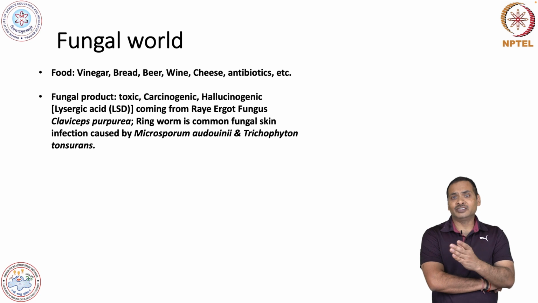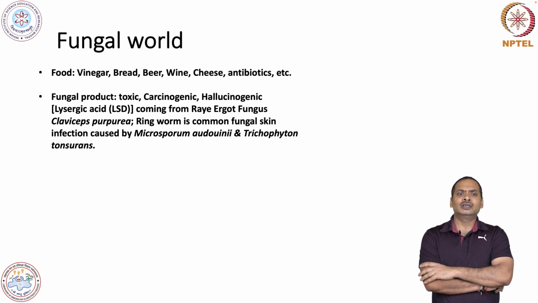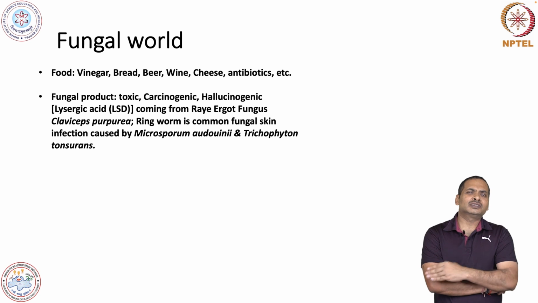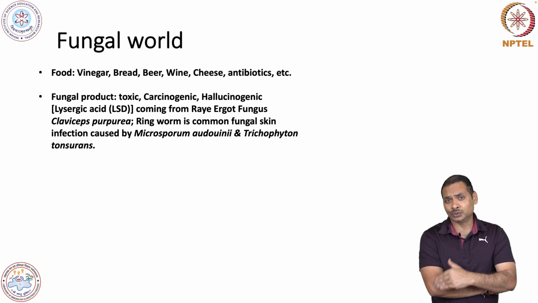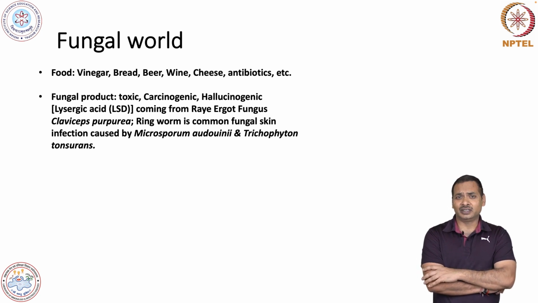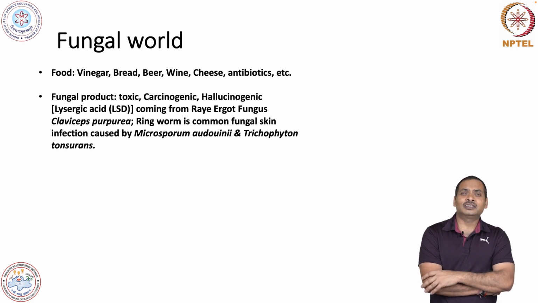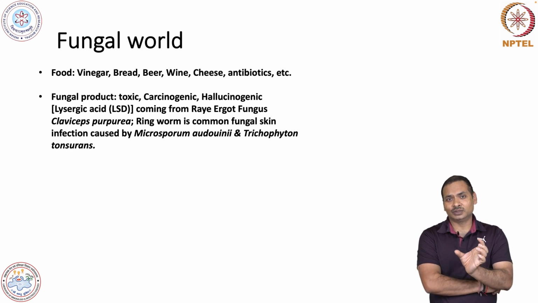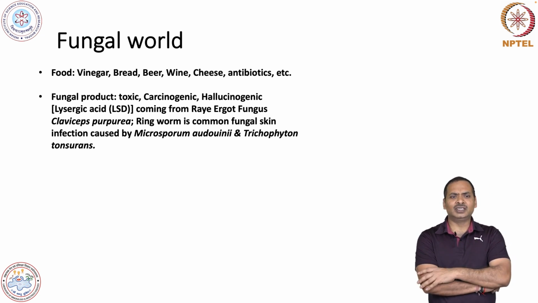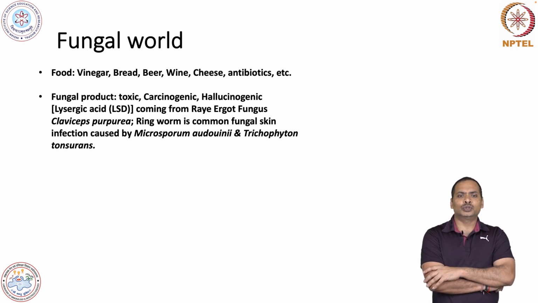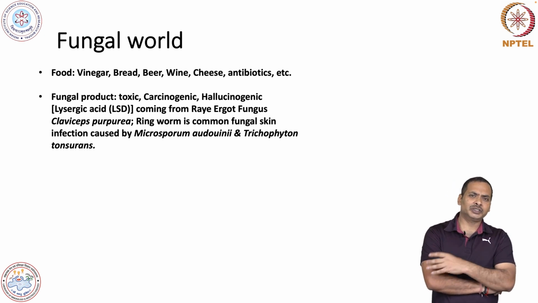It's Claviceps purpureus. Some very common diseases are mainly associated with small kids, whose immunity is not yet well developed. One of the best examples is ringworm infection. The name is misleading. Ringworm is not associated with a worm. It's basically a fungal infection, a fungal skin infection, caused by Microsporum and Trichophyton species.